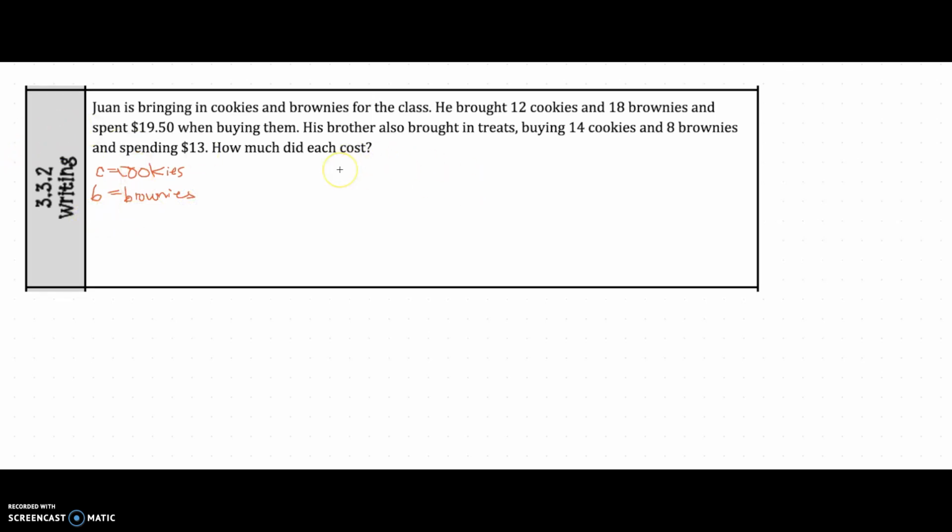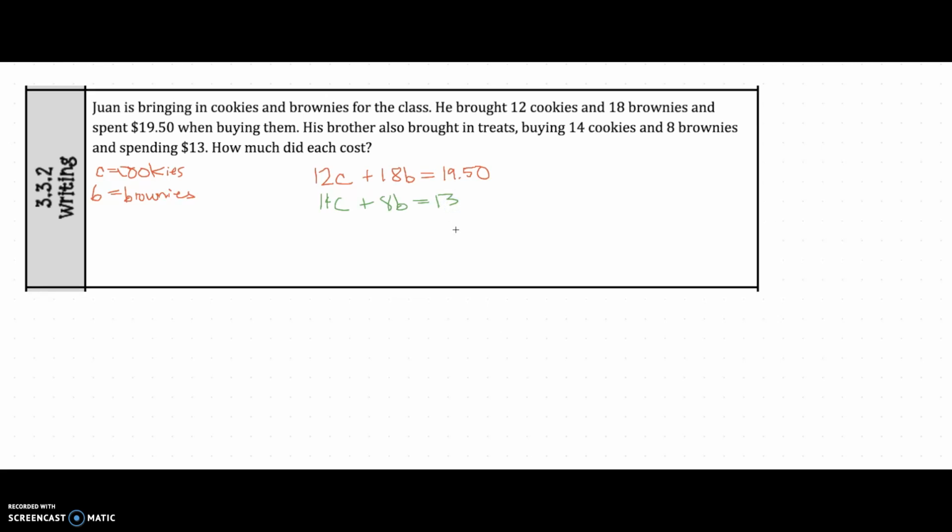So the first one is when Juan brought in cookies and brownies. So we have 12 cookies plus the 18 brownies, and that should equal the $19.50 he spent. Then it says his brother also brought in treats. So he brought in 14 cookies plus 8 brownies, and that was 13.